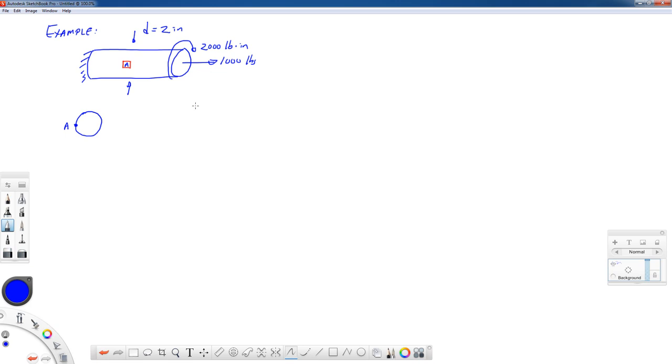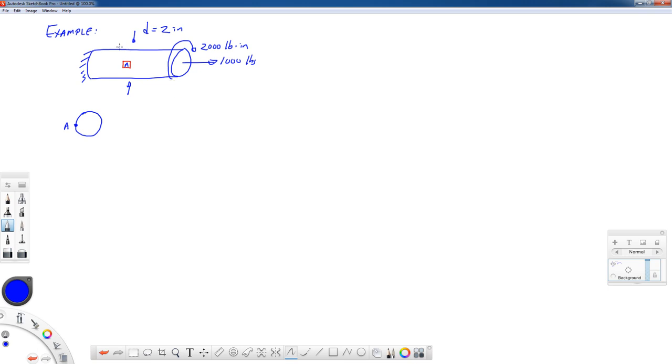There are some things that you can do to help work these problems, and I encourage a very systematic approach. The most important thing that we can do is to draw a good free body diagram for these problems. For a free body diagram, we want to cut the structure at the point of interest.